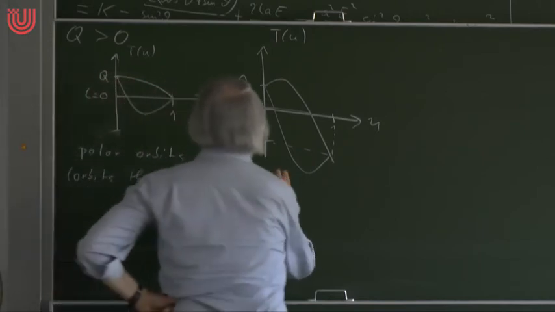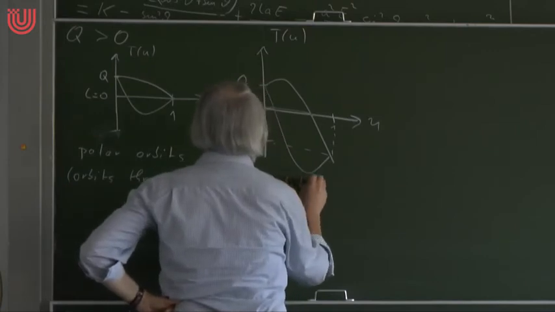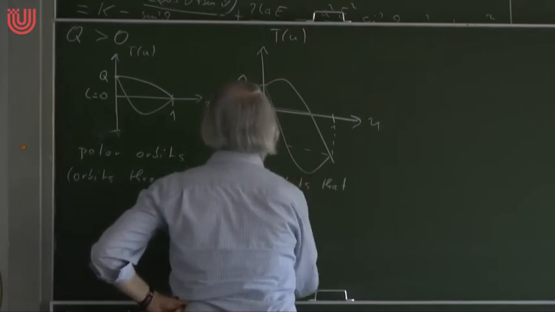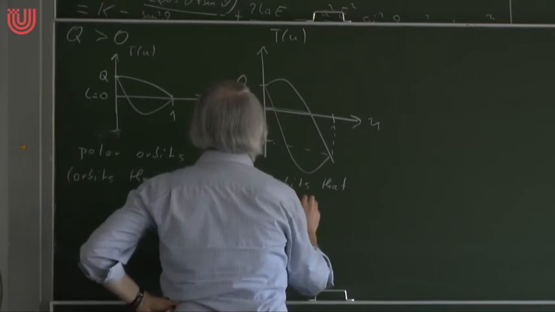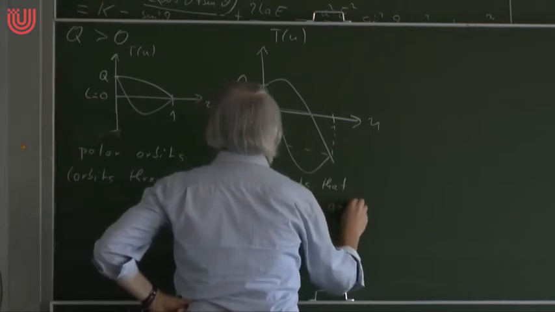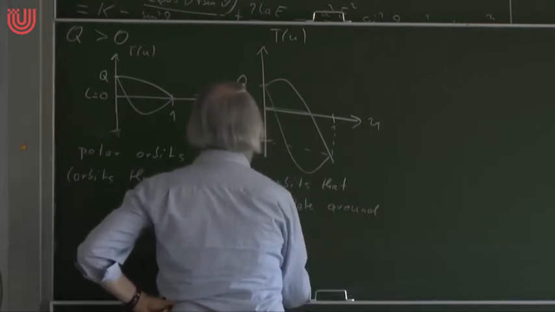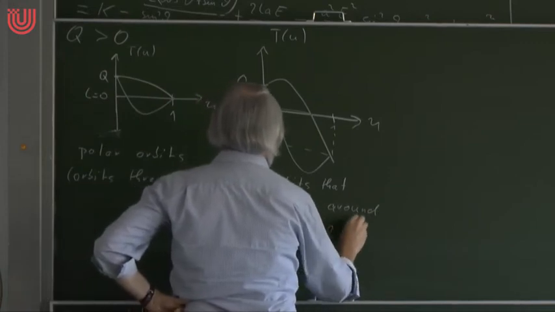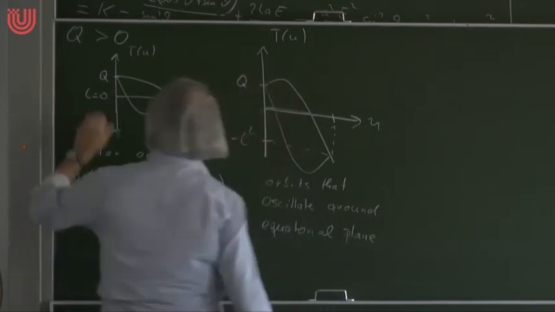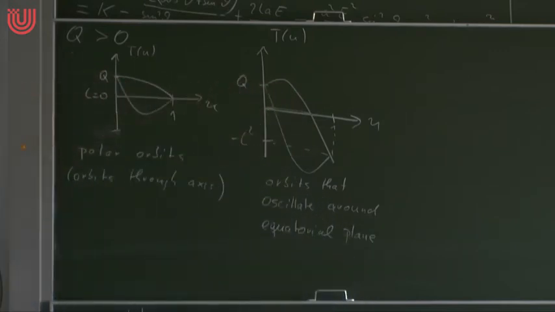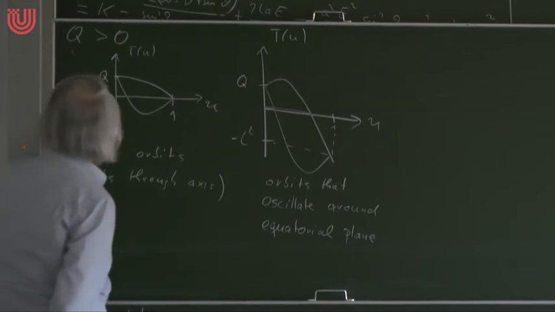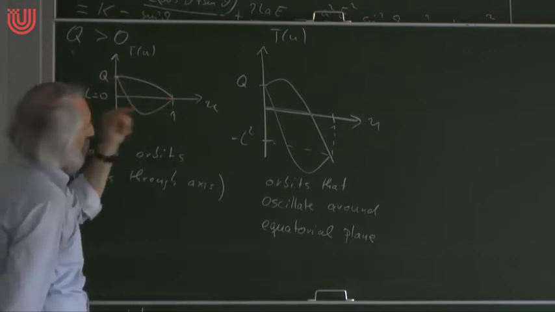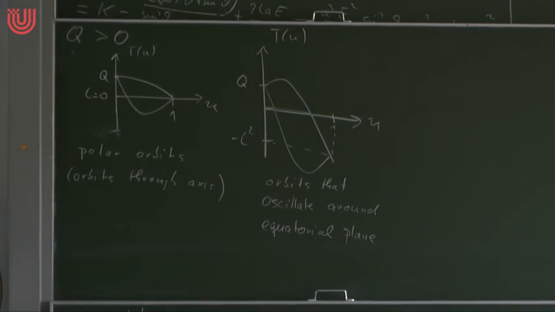And these are orbits that oscillate around the equatorial plane. And that's it, what is possible for Q bigger than 0. Yeah? So with this exception, these are orbits which we also know from the Schwarzschild spacetime.